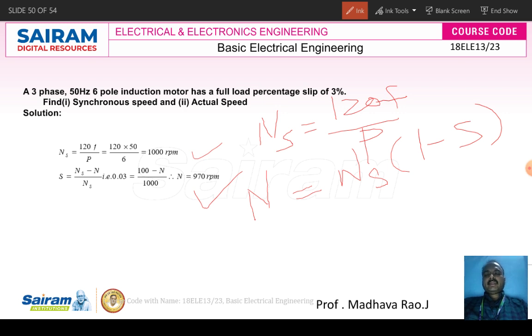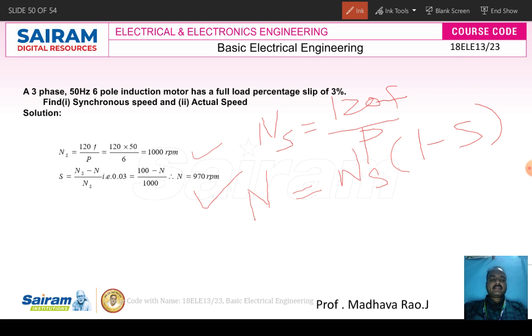If you calculate Ns minus N, that will be equal to 30. That is the relative speed. So an induction motor always runs at less than the synchronous speed. That's why slip is never zero in an induction motor.